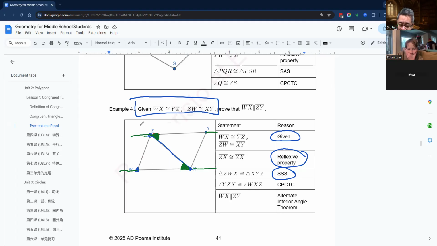And this line here is the transversal. They are on either side of the transversal, so that's alternate interior angle. So based on the alternate interior angle theorem, if these two angles are congruent, then these two lines have to be parallel. That was how we were able to prove those two lines are parallel.